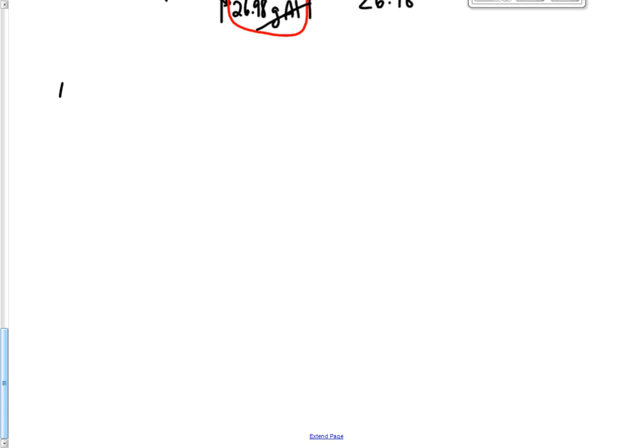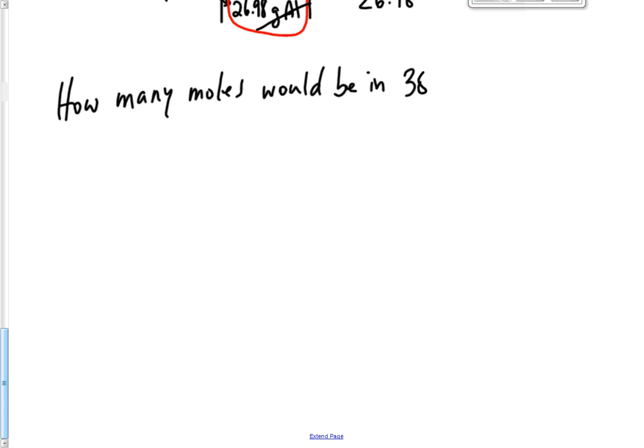Let's see. How many moles? All right, so there's our question. How many moles would be in 384.2 grams of CO2?